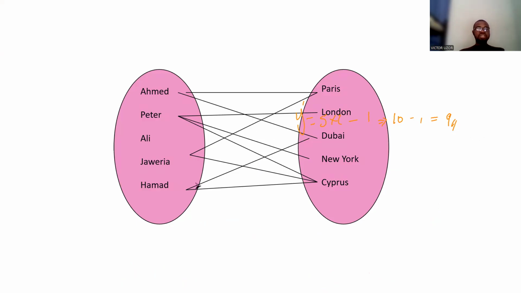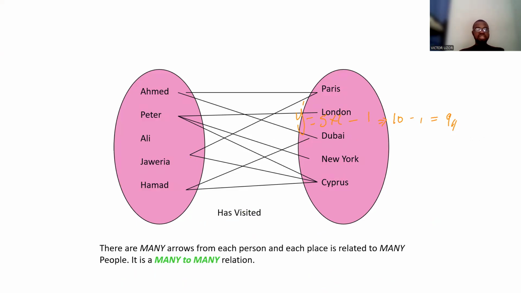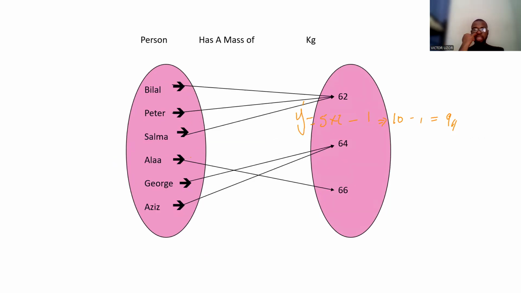Every element in the domain has an element in the codomain, and this one we call many to many. That means many people in the input have gone to many places in the output, and many people in the input have visited the same places in the output. So we call that a many to many mapping.